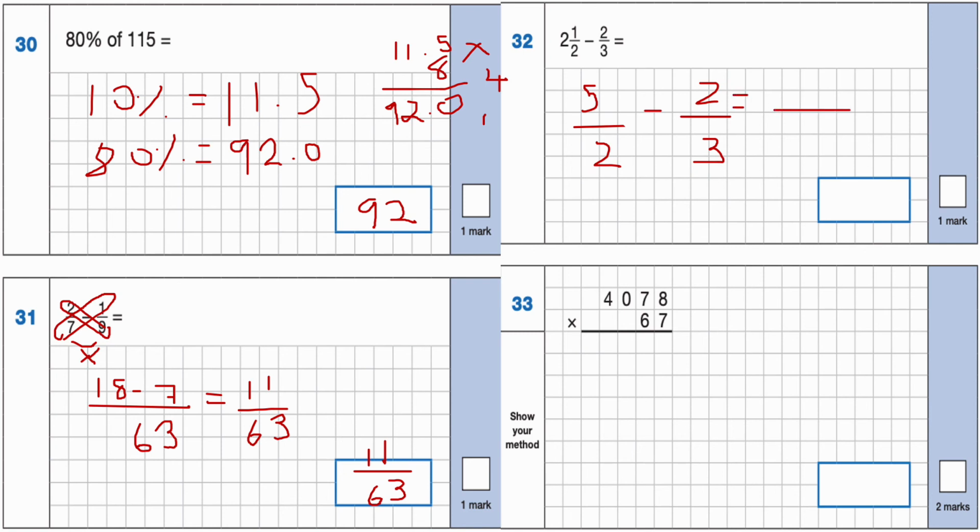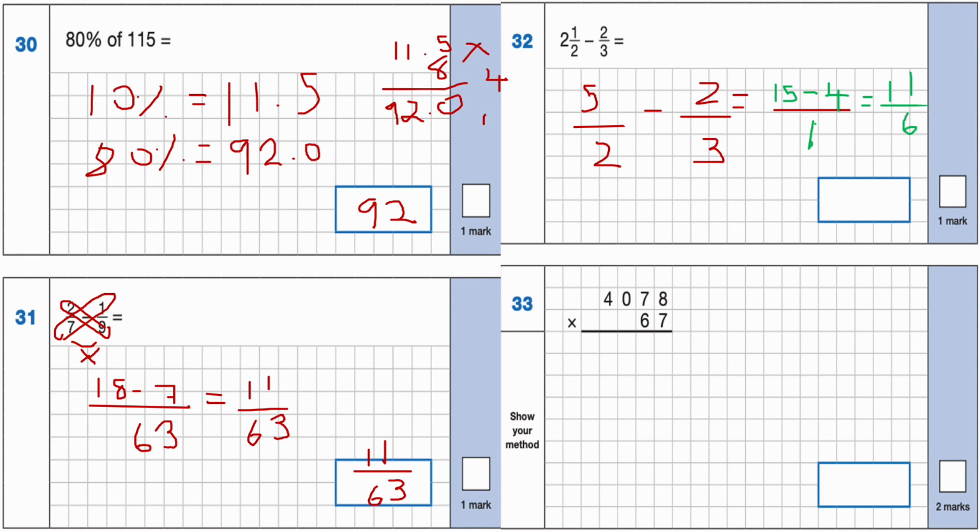Again, take away fractions. 2 times 3 is going to be 6. On the bottom it's going to be 6, sorry. Okay. 5 times 3 is 15. And 2 times 2 is 4. So 15, take away 4 out of 6 is going to be 11/6, guys.